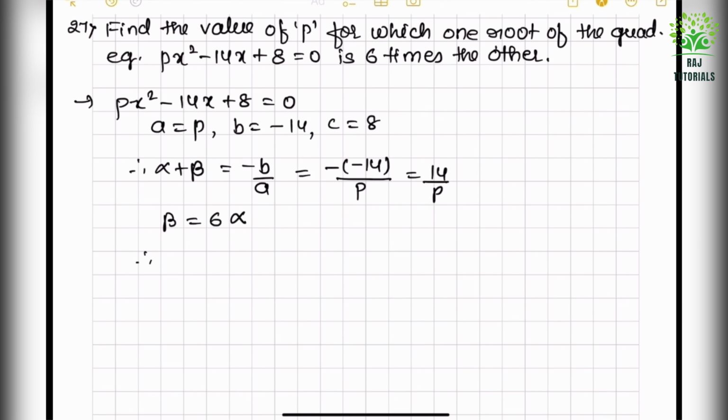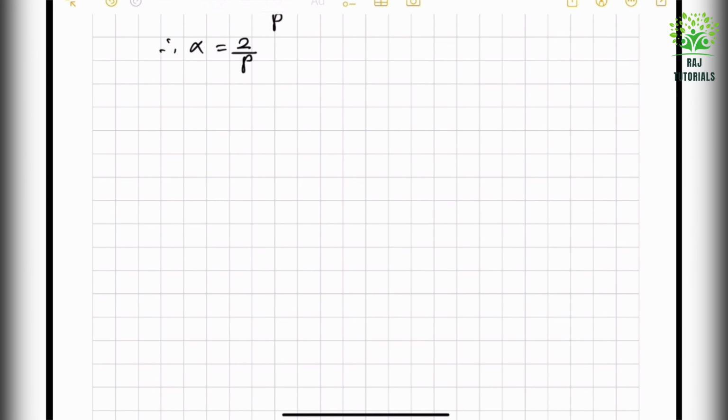Let beta equal to 6 alpha. So therefore alpha plus 6 alpha equal to 14 by p. So 7 alpha equal to 14 by p. So alpha equal to 2 by p, and beta will be 6 alpha, so that will be 6 into 2 by p, 12 upon p.